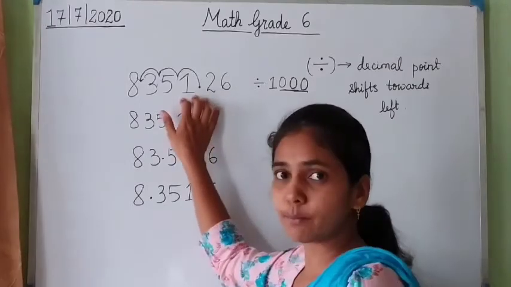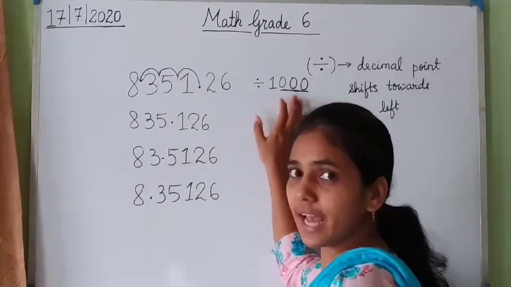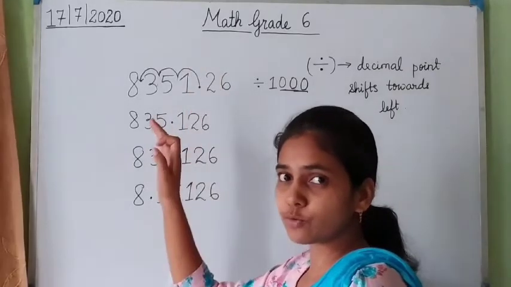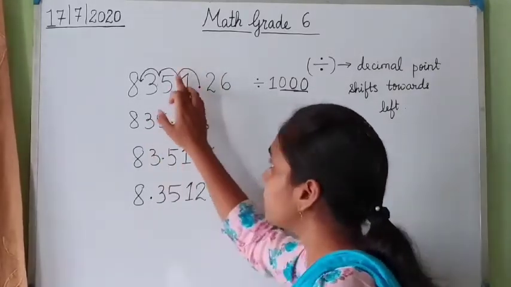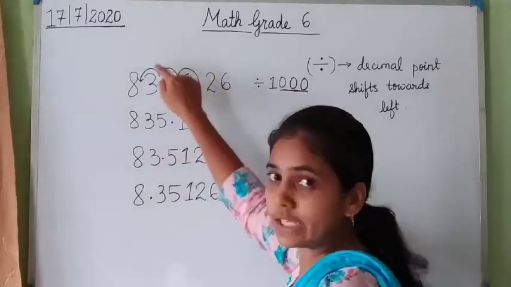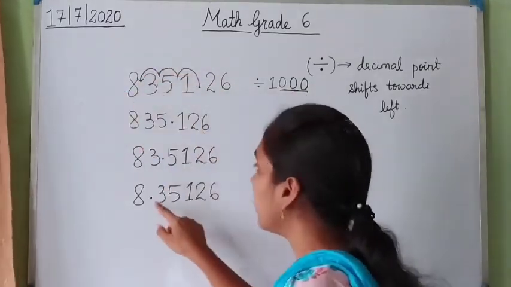So this is how we divide a decimal number by 10, 100 and 1000. By dividing it by 10, the decimal point shifts one place towards the left. By 100, it shifts 2 places towards the left. And by 1000, it shifts 3 places towards the left.